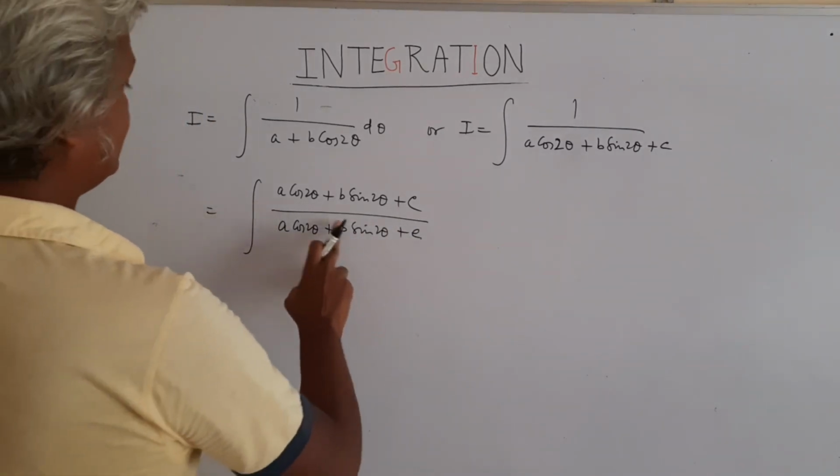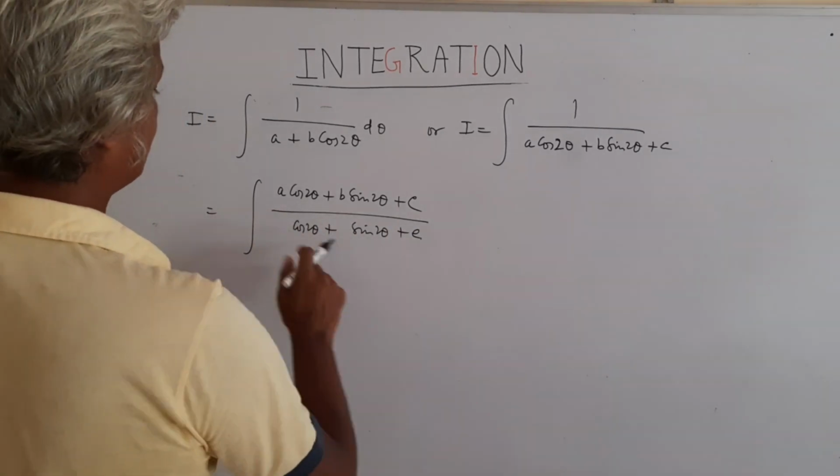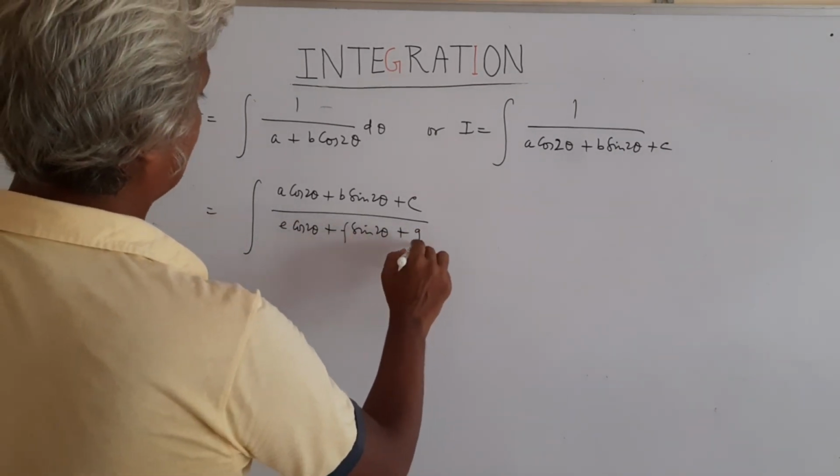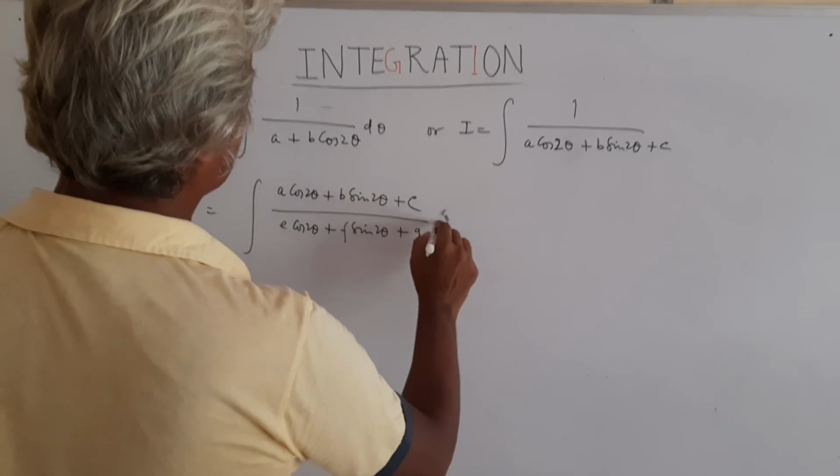Because if I write the same thing, it will become the same, so I just change the coefficients. It's e and f, and this I make it g, and this is my dx.